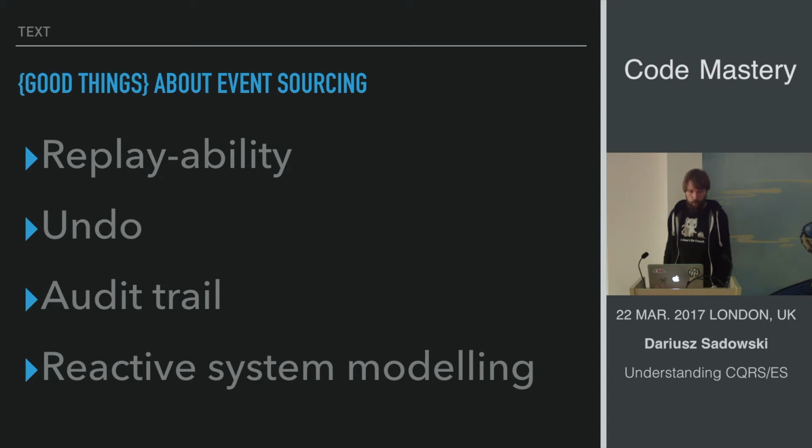You can also, next thing, undo things. As we said, replayability is a list of events happening. If you remove the top event and replay things again, you will go back in time.